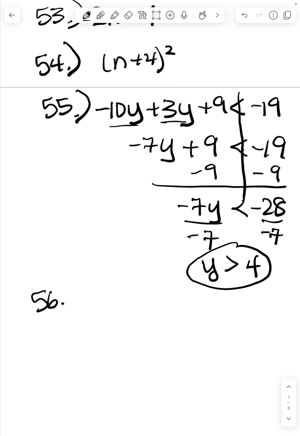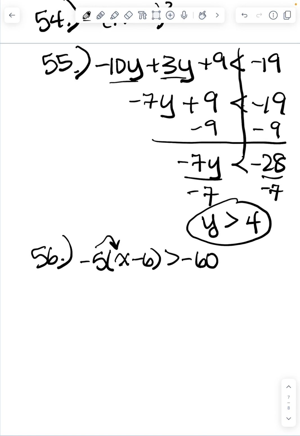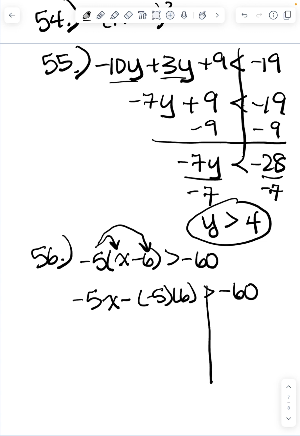Number 56. Negative 5 times the quantity x minus 6 is greater than negative 60. Let's do the distributive property first. Negative 5x minus negative 5 times 6 is greater than negative 60.